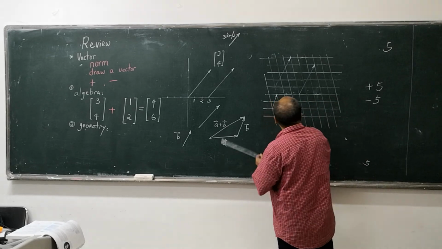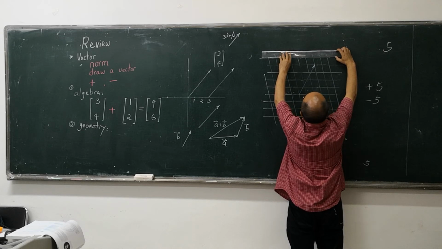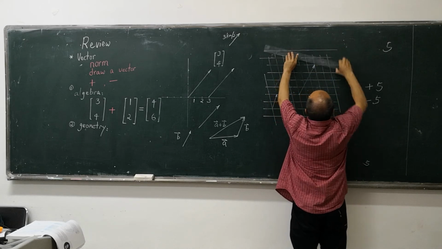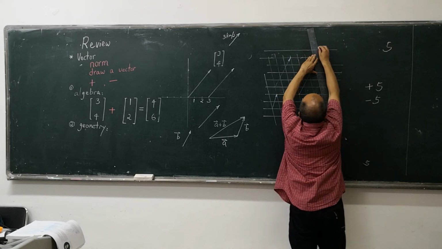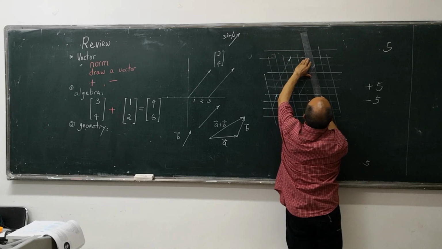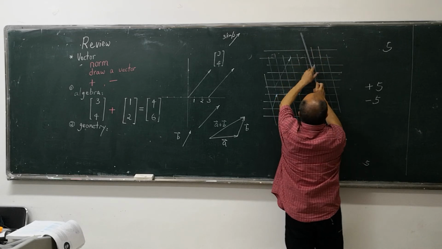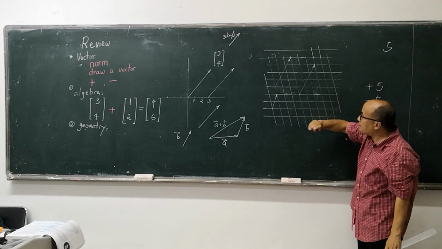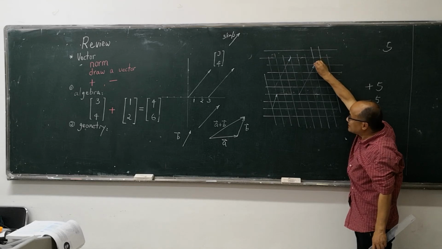This needs to be sitting over here. Oops, didn't draw well. Okay. So this B, since it can start any place, now I want to force the B starting from here.